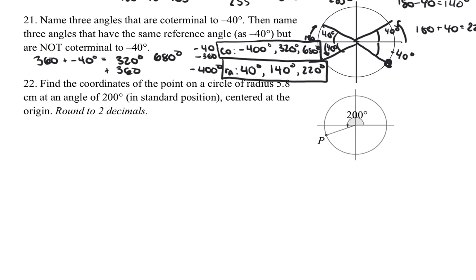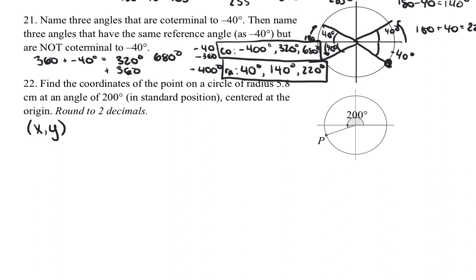So question 22, find the coordinates of the point on the circle of a radius of 3.8 centimeters at an angle of 200 degrees, centered at the origin, round to 2 decimals. So I need to find an x and a y point.